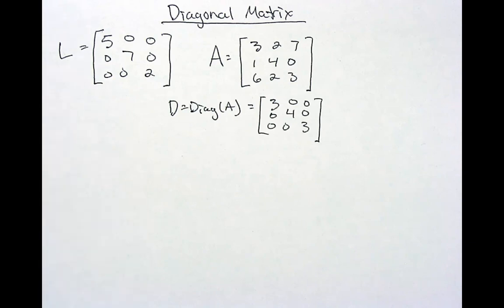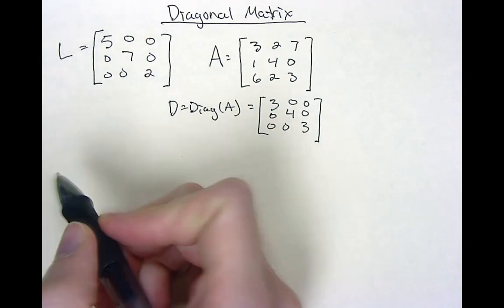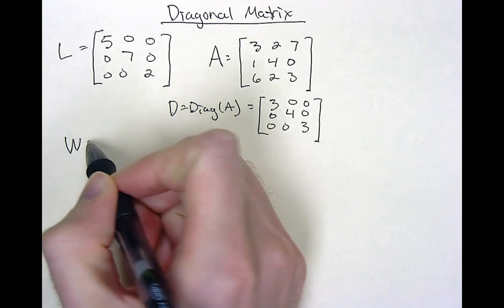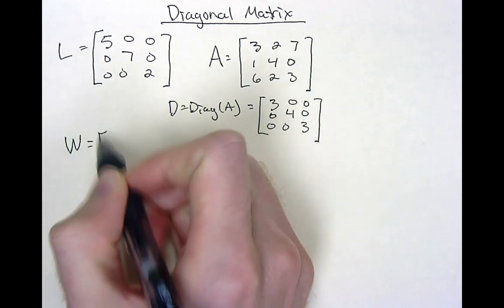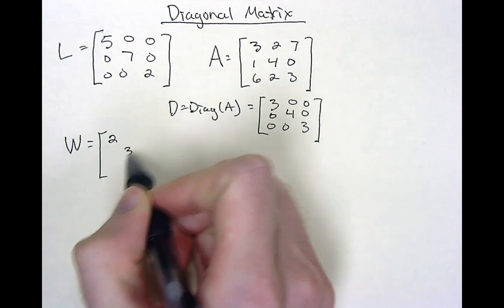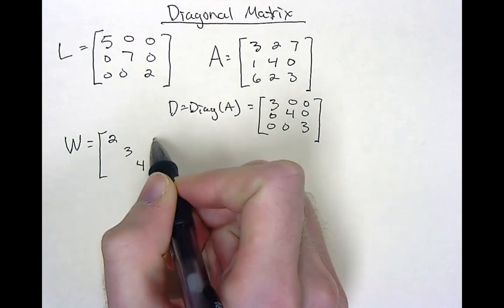So for example, let's say we wish to double the elements in the first row of matrix A by 2, triple the second row, and on the third row we want to quadruple the elements. So let's have W as the weights. So we want to double the first row, triple the second row, and quadruple the third row.